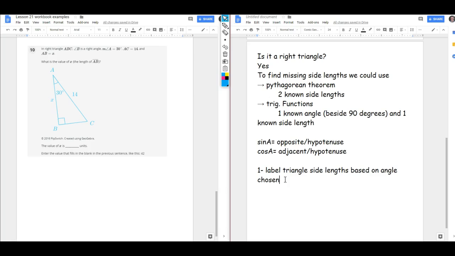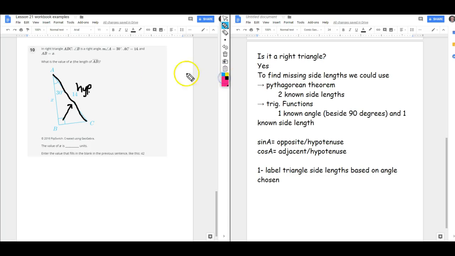So I'm going to choose the 30-degree angle. You could choose this one if you wanted to. That's fine. I'm just using this one because it's the one we know. So the first one that I actually label is always across from the 90 degrees because I can always find my 90-degree angle, and that side length is the hypotenuse side length.